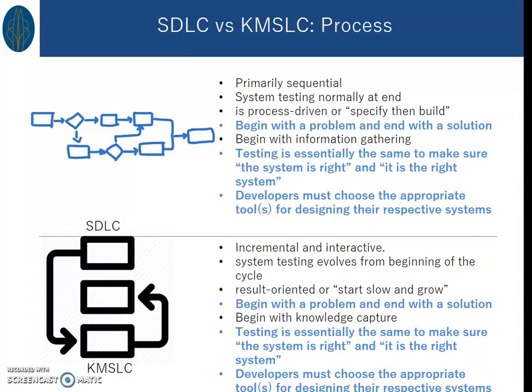The one which is in black and not bold are the differences. For SDLC, primarily the processes are sequential. It starts with the first process and then proceeds to the second process, the third process, and so on. In other words, in order for process 2 to be executed, process 1 needs to be executed first.